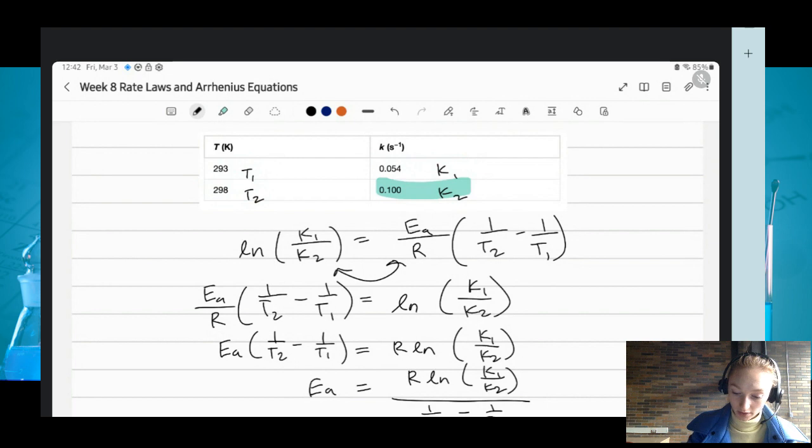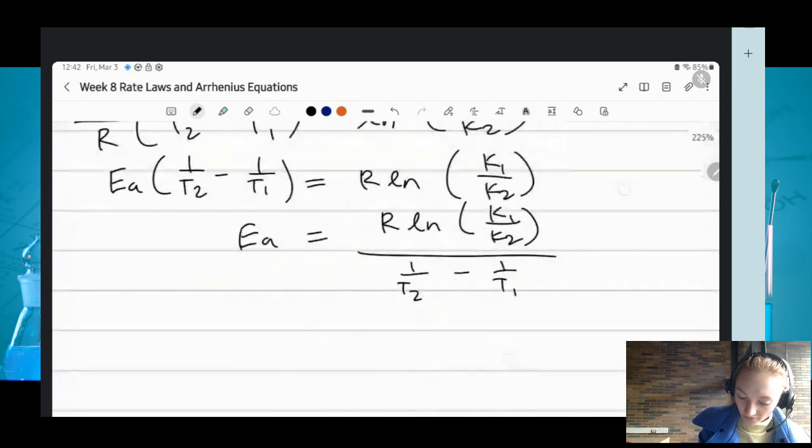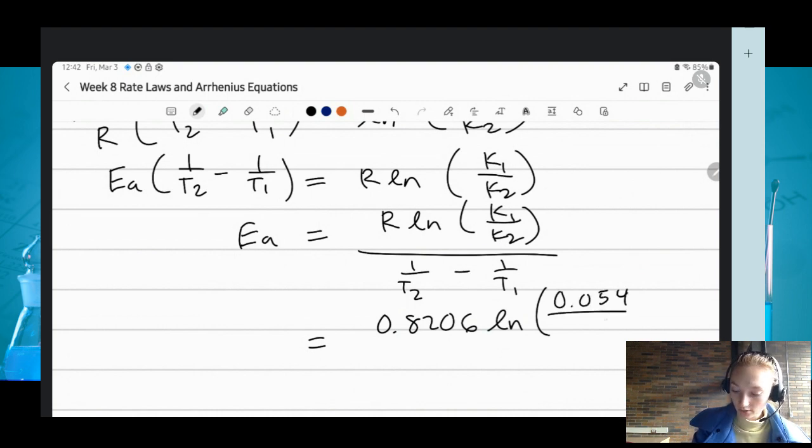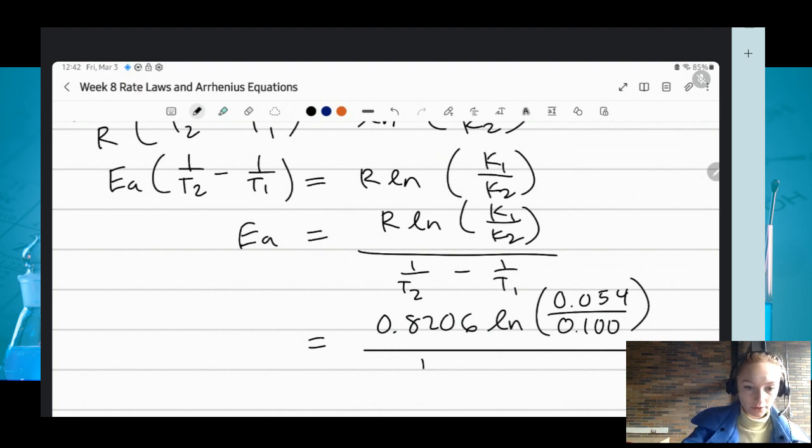But anyway, let's just plug in all those values, and our temperature is already in Kelvin, so that's great. And the K1 and K2 is great as well, so let's just plug everything in. Like I said, the R value is going to be 0.08206, natural log, and then the K1 we were given was 0.054, and then the K2 was 0.10, and divide everything by 1 over T2, minus 1 over T1, which is 293.